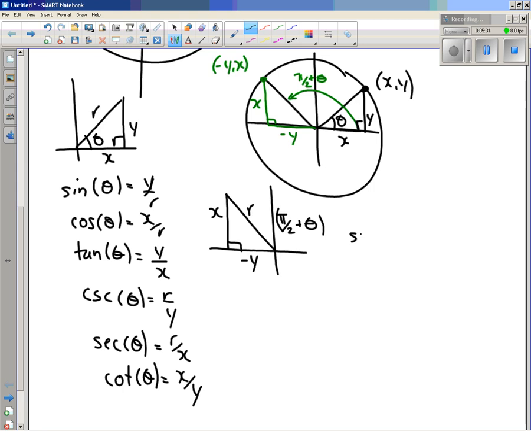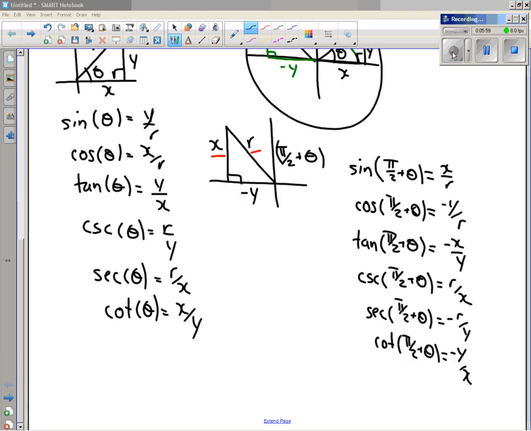So sine of pi by 2 plus theta is X over R, and cos of pi by 2 plus theta is negative Y over R. Okay, so we can go through and get the rest of our 6 trig identities.